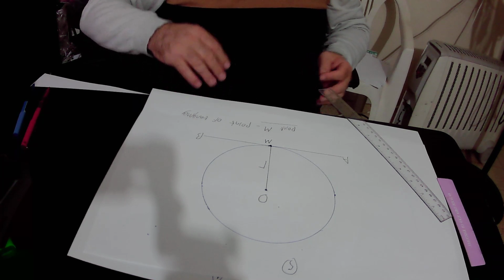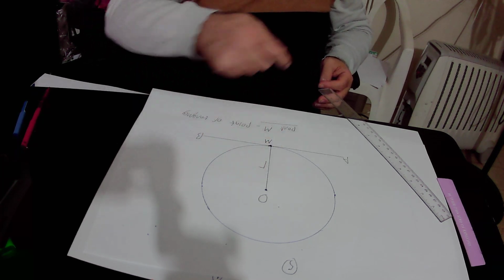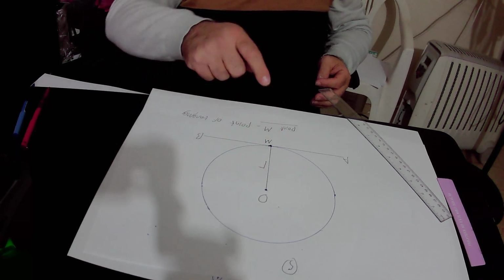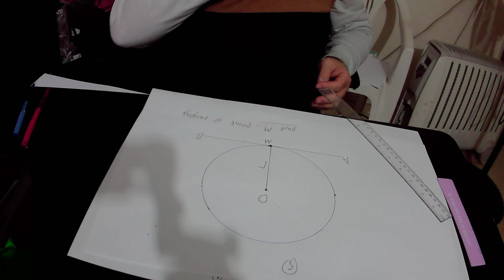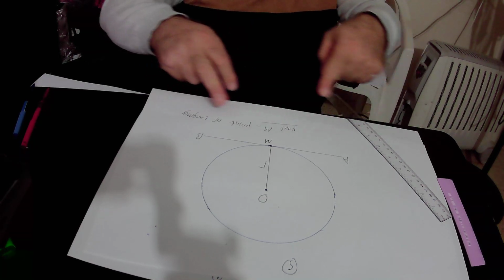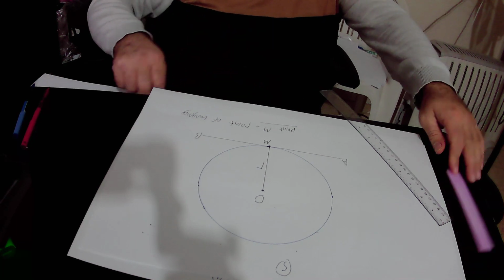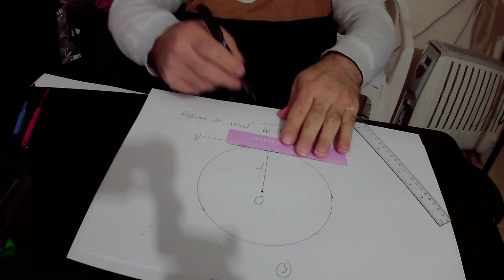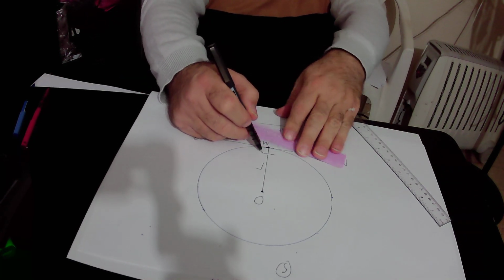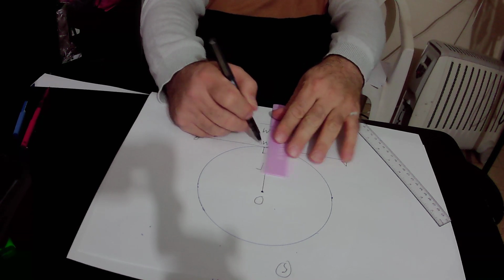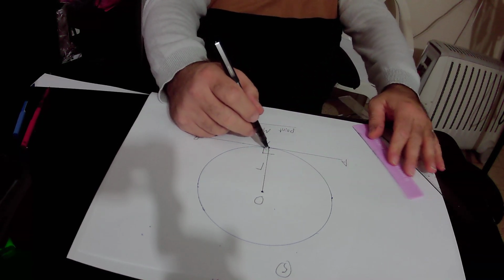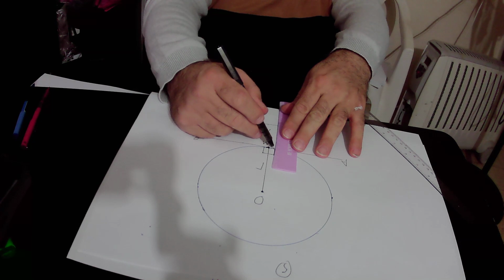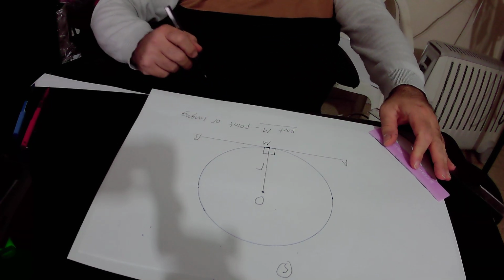So whenever you have a radius that is drawn to the point of tangency, in this case it is point M, then the tangent AB will be perpendicular to this radius. That is to say, this angle will be equal to 90 degrees, and this angle will be also equal to 90 degrees.